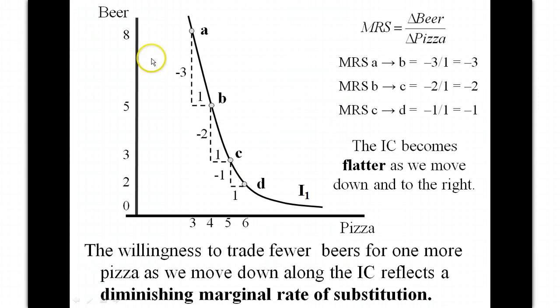So again, up here, after 8 beers, they're willing to give up 3 to get an extra unit of pizza. Whereas down here, if they have only had 3 beers, they're only willing to give up 1 to get an extra unit of pizza. So the rate of substitution changes.